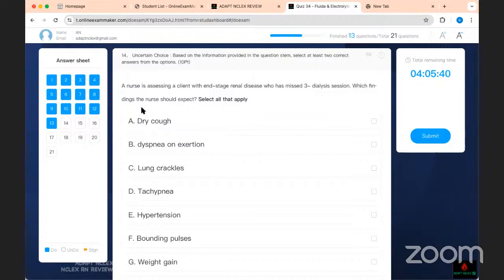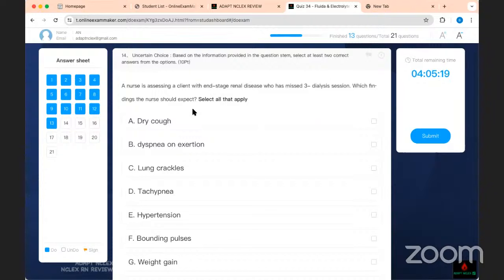You have to come up with the pathway: oh, this is what is wrong with the patient, and therefore I'm going to pick answers that are related to that. Who can tell me what is wrong with this patient? What should you worry about? End-stage renal disease, I've given you all the buzzwords. Dialysis sessions 3 times.